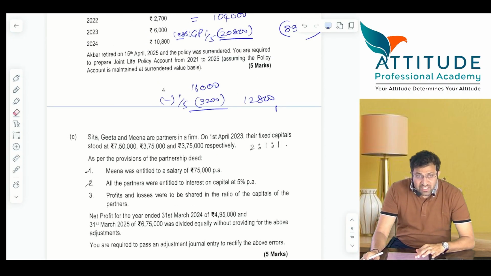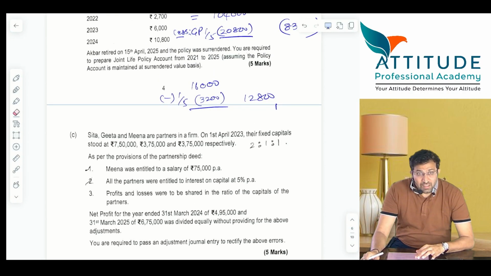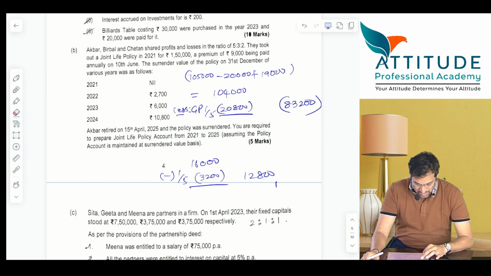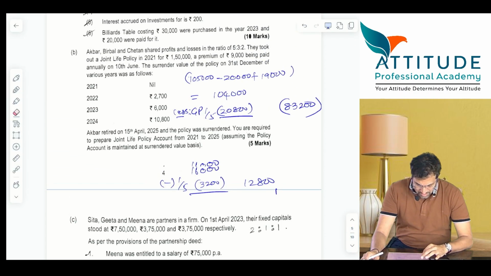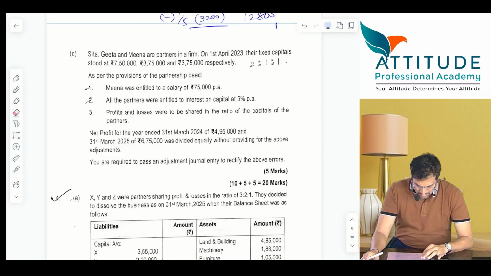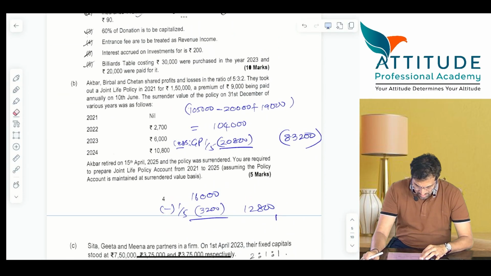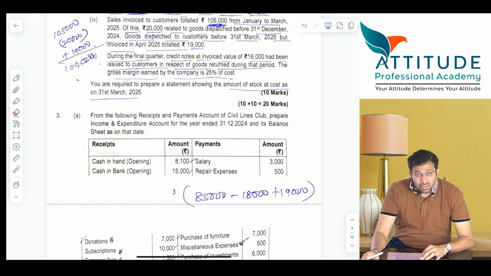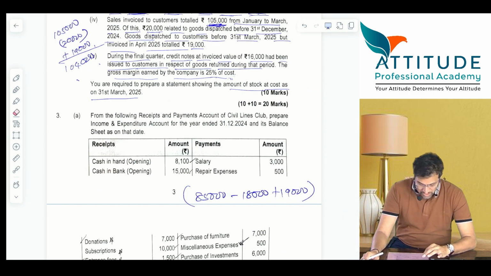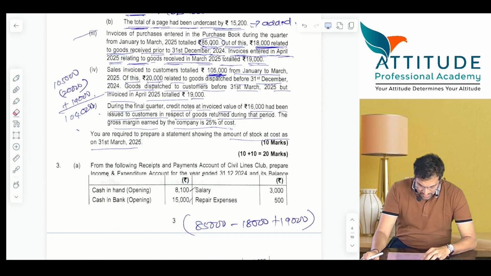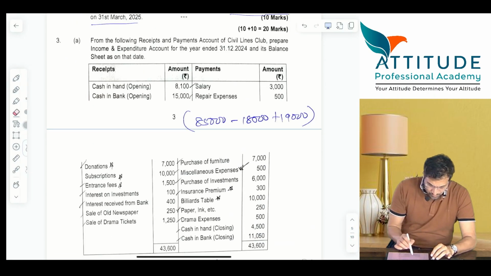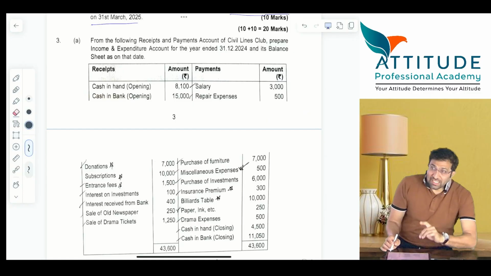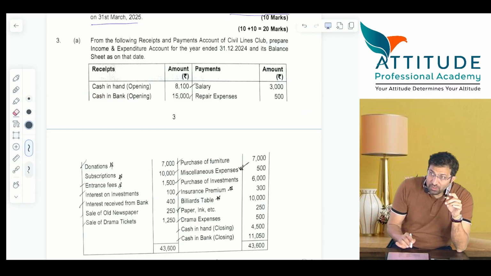How many marks shall we solve now? 40? Yes, 40 marks is solved till now. Okay, let's go next. Come. Question number 3. 1 hour is done. Let's go, 2 hours are left. Let's go fast.